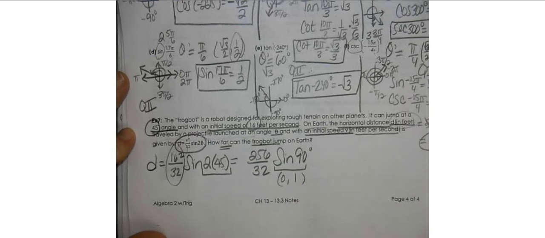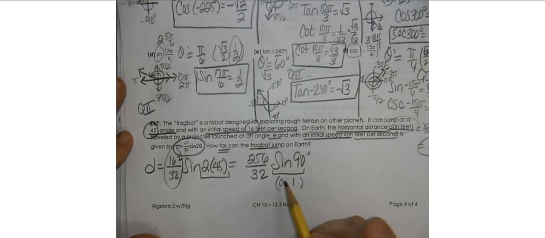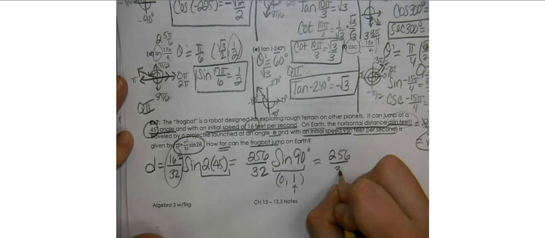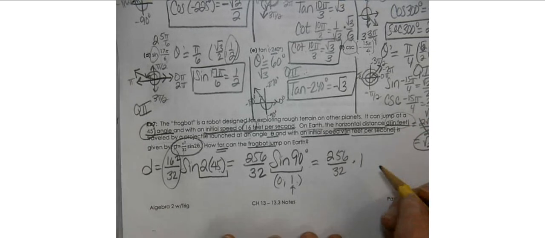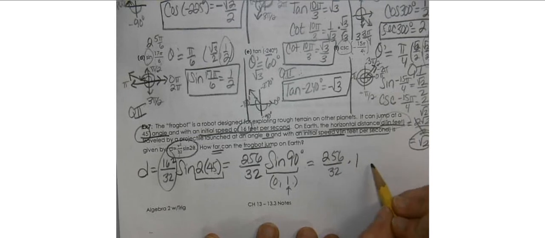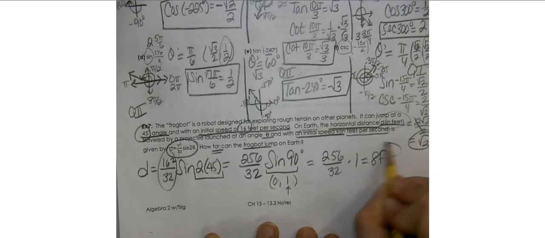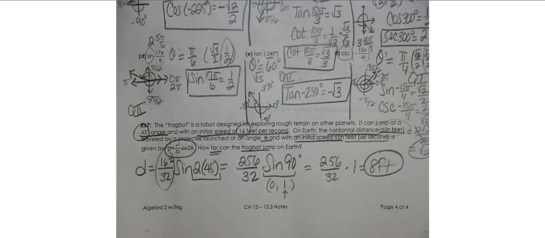The ordered pair for 90 degrees is 0, 1, and sine is your y value. So the sine of 90 degrees is 1. So this is 256 divided by 32 times 1. Anything times 1 is just itself, and 256 divided by 32 is equal to 8 feet. And that is your answer. That's how far the Frogbot can jump on Earth.